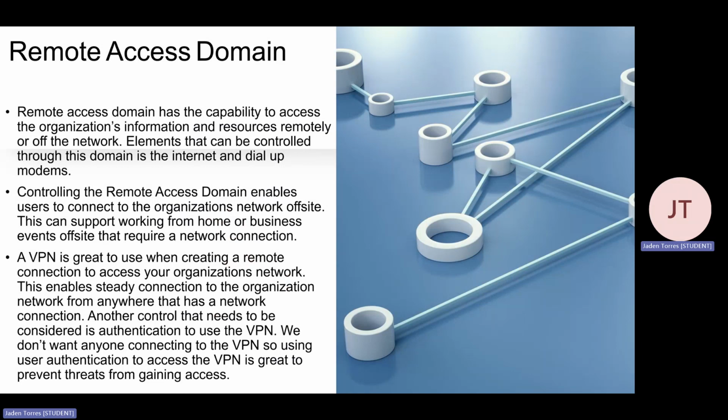I know personally from my business, we use VPNs a lot to remote into different systems to help troubleshoot the users' problems and whatnot. VPNs are great for creating a remote connection to access your organization's network. This enables a steady connection to the organization network from anywhere that has a network or internet connection.